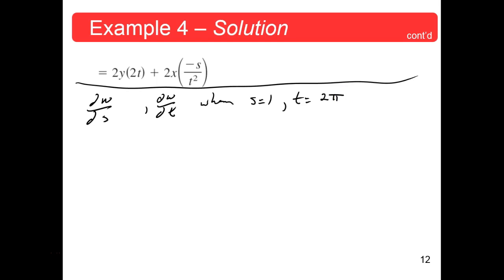Now, that's not the whole problem, here's the rest of the problem, where x is equal to s cosine t, y is equal to s sine t, and z is equal to t.